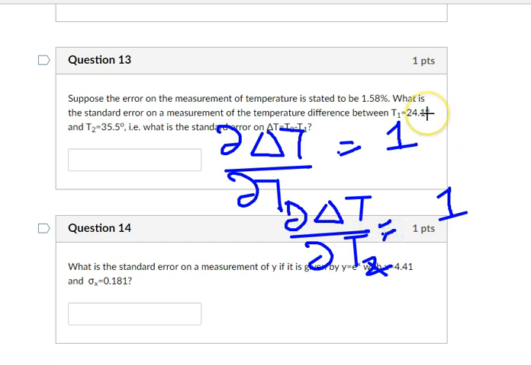So what does that give you for the error on this? If you can read all this crayon I have here.